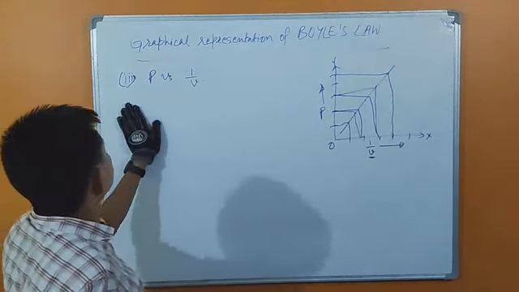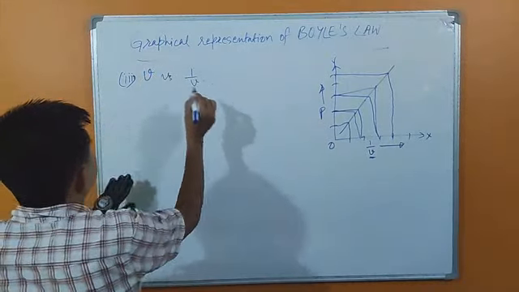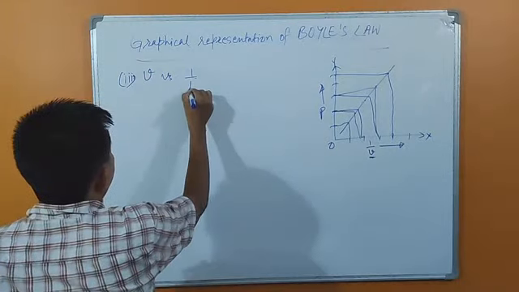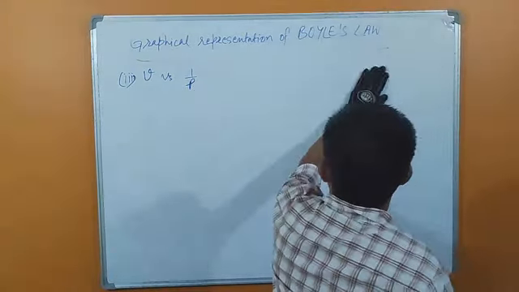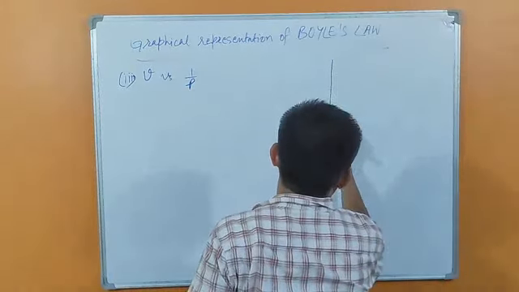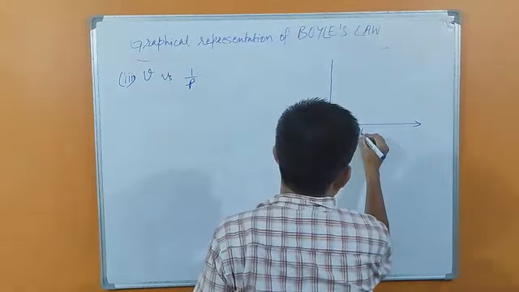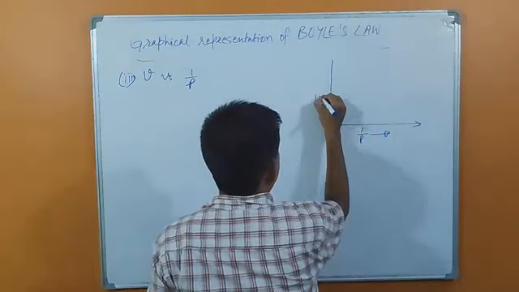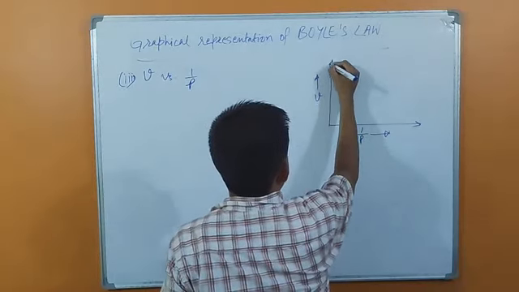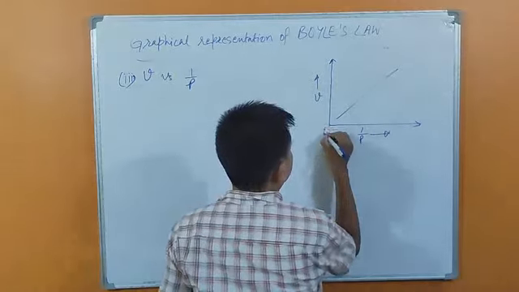Now let us move on to the next one. V versus 1 upon P. The same thing here. This one is the last graph. This is 1 upon P and this is V. The same thing, the graph would look like this.